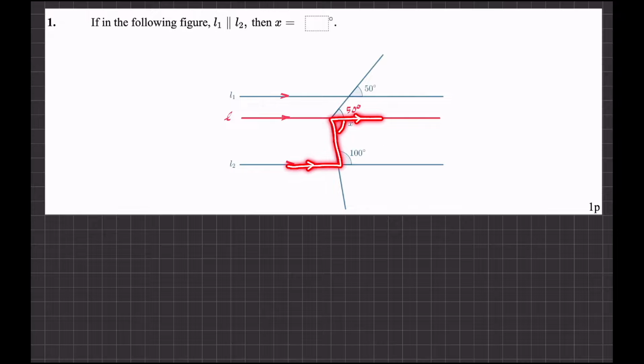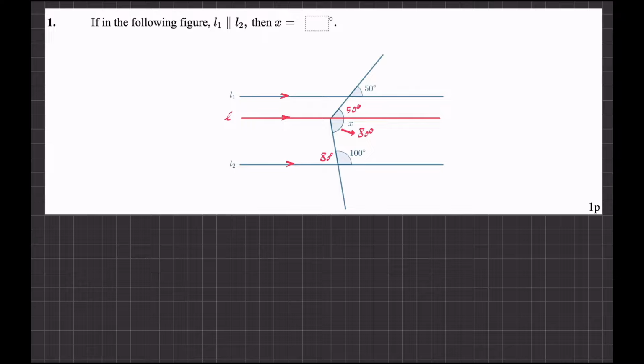This angle is supposed to be equal to this angle. But what is this angle? Because the whole angle is supposed to be 180 and this part is 100, this will be 80 degrees. And if this is 80 degrees, this part becomes 80 degrees.